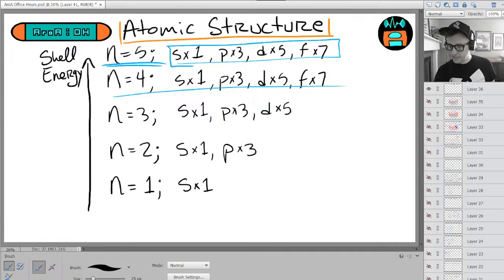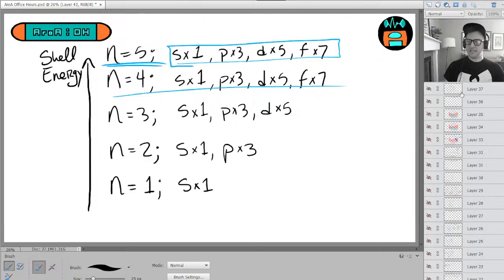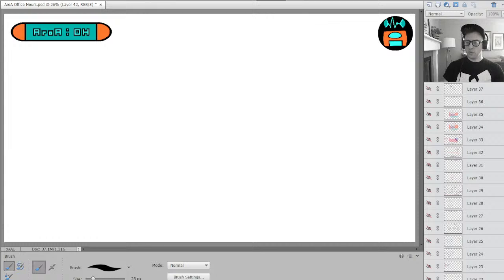All right. Okay, so we have come right up to the edge of something known as electron configurations. That is the next thing we are going to cover here.